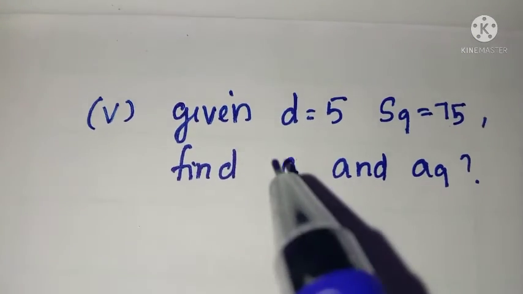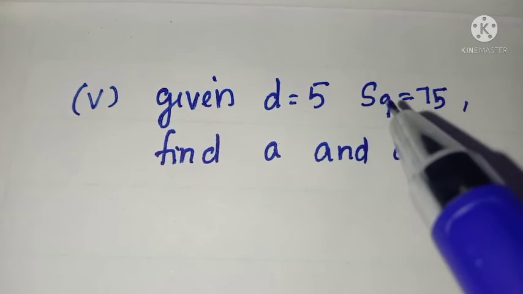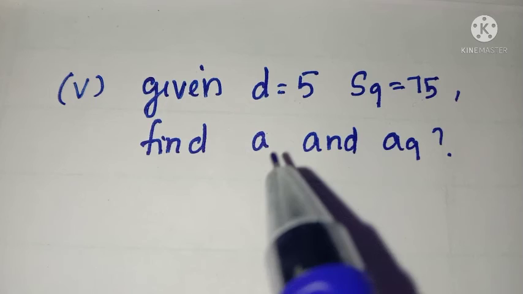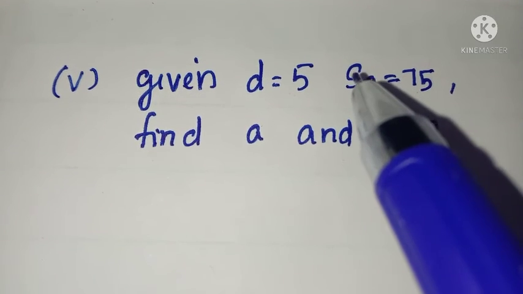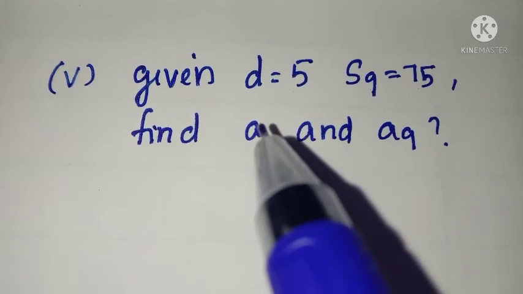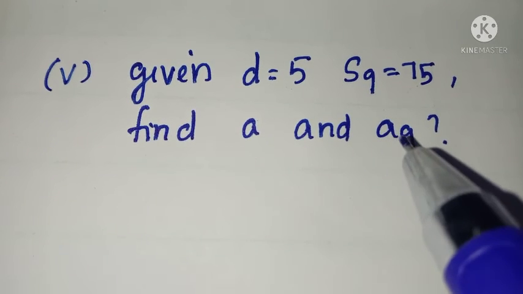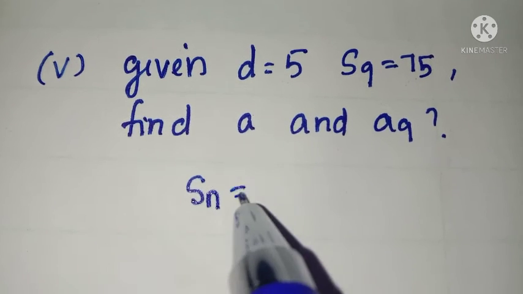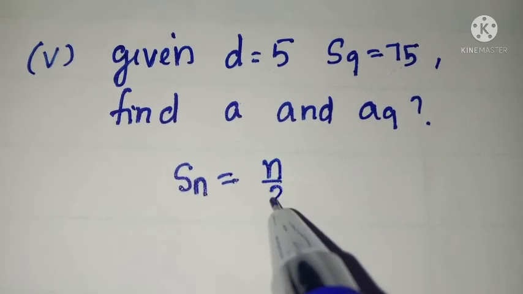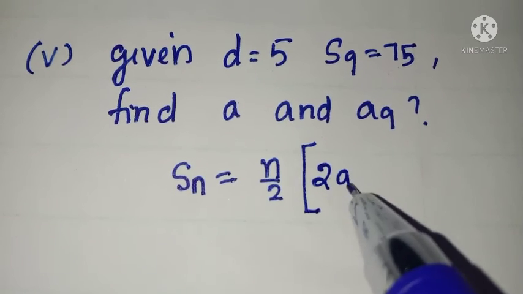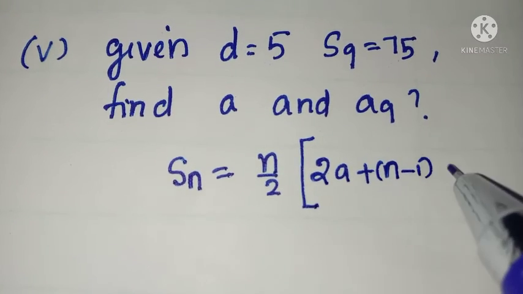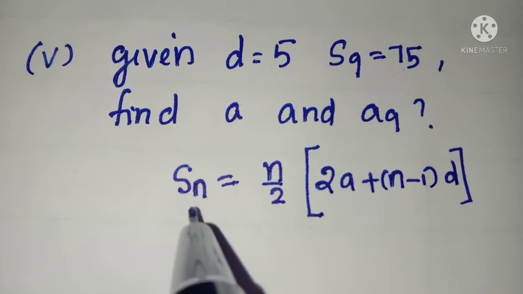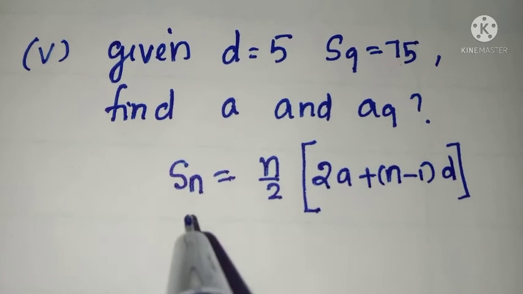Question number 5. Given D equal to 5, S9 equal to 75. Find A and A9. Common difference and sum of 9 terms are given. We want to find first term and 9th term. So listen, write the formula for Sn. Sn equal to n by 2 into 2a plus n minus 1 into d. Here d is equal to 5 and n equal to 9.